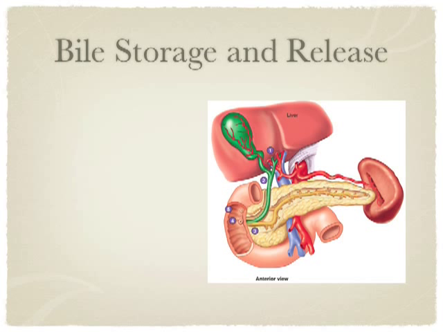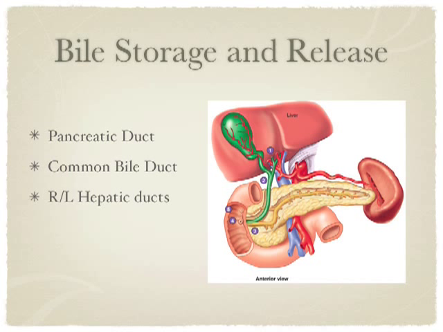But let me put all of the tubes in first, and then we'll describe them one by one. Of course, we know the pancreatic duct from the pancreas. The common bile duct is the one that's leading actually to the duodenum. There are the left and right hepatic ducts, and you see that little fork of two green tubes coming out of the liver. And then there is the cystic duct.